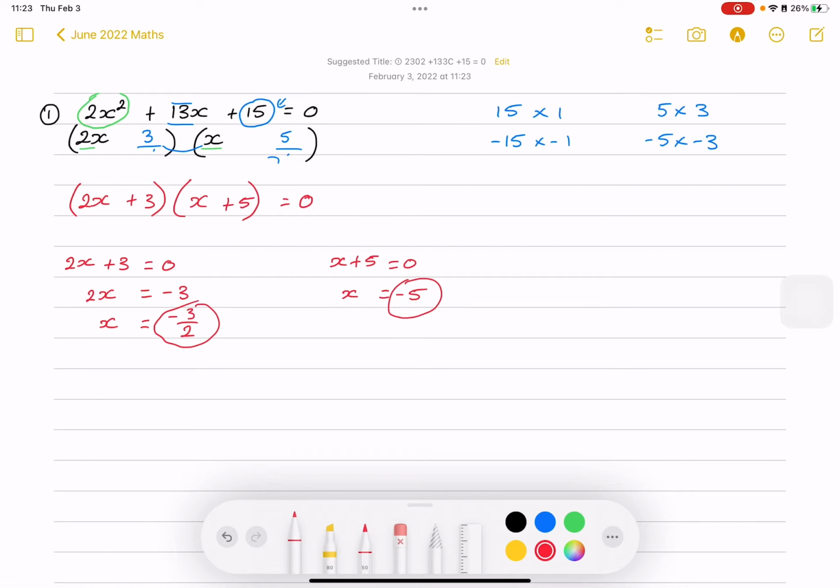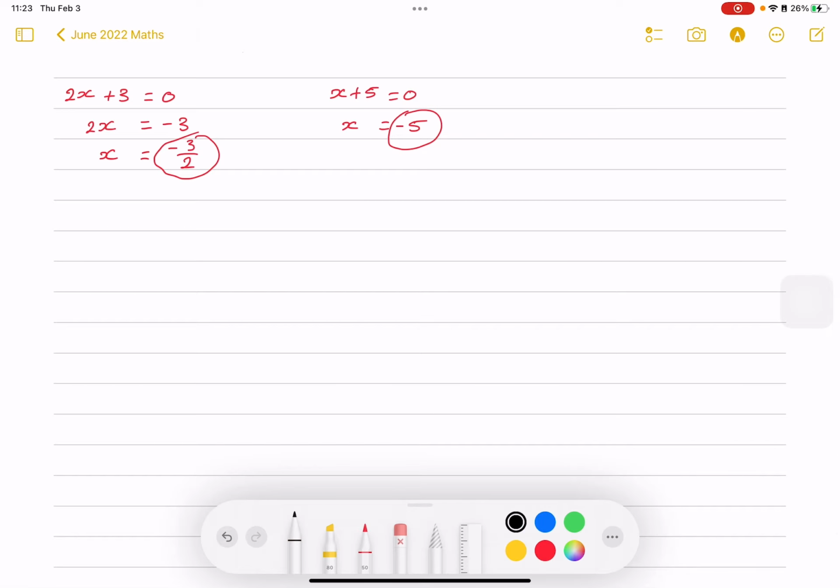Okay, let's take another example now, and we'll do them a little quicker this time. So we have 2z squared minus 12z minus 14 equals 0. So I put down my brackets, and as usual we have a 2z squared, so one of them is going to be 2z, the other is just going to be z.